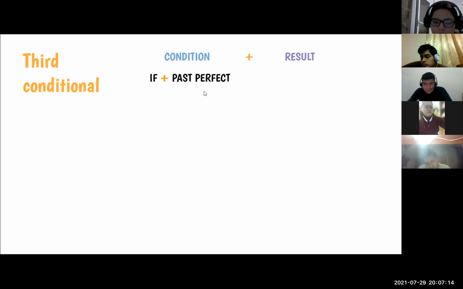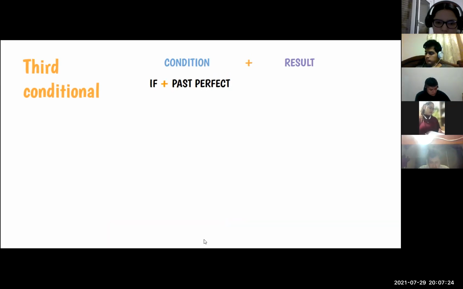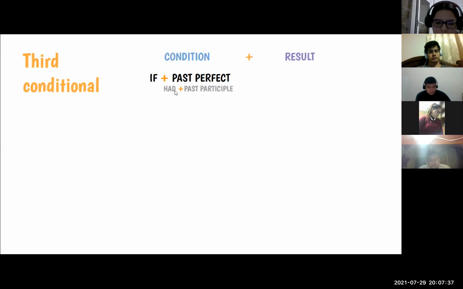How do we form the past perfect? Look at your sentence here in exercise number 4. How do we form the past perfect? Had and a verb in past participle. Yes, we use had as an auxiliary verb, and a past participle form of the verb.